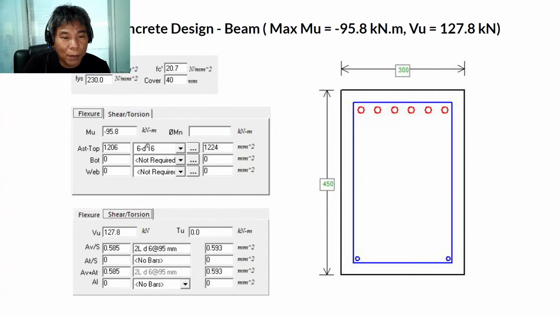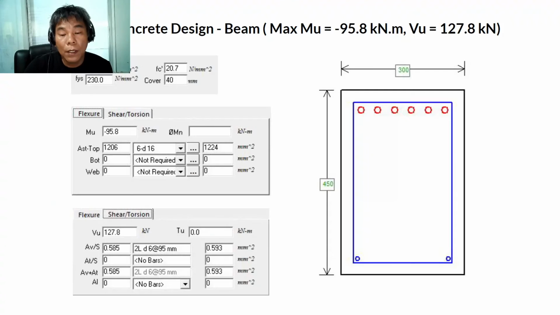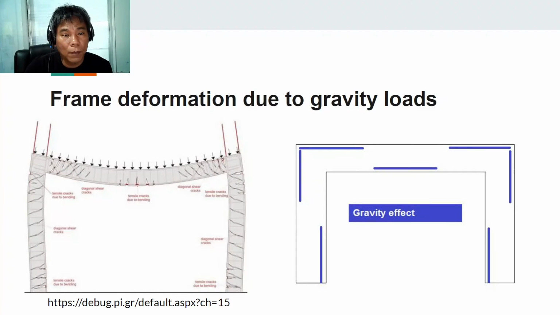It will give you the number of reinforcement, 6-16. And since I chose the section 300 by 450, it gives me a number of rebars of 6-16. That's it, it's that easy. But of course, when you are designing manually, it will really take time. It is tedious. But if you use software, it gives you a very fast result.